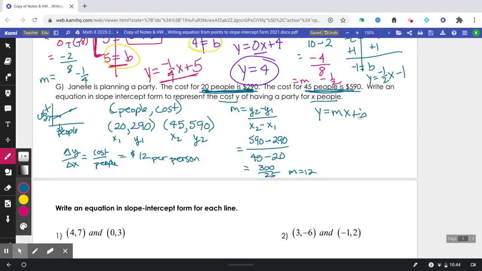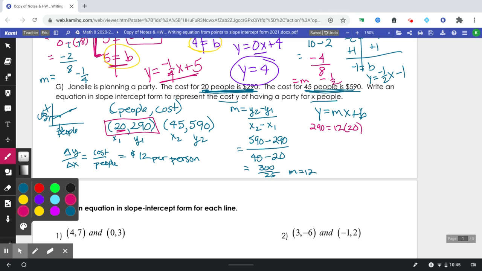We can pick a point. Let's do this one. And we're going to substitute in what we know. So, do I know my y? Yes, 290. Do I know my slope? Yes, 12. Do I know the x? 20.